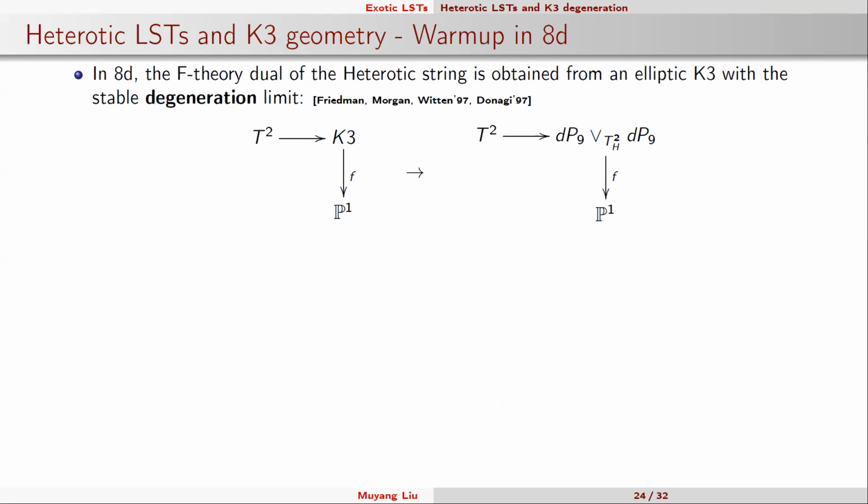And in the later part of the talk, I want to use the knowledge we obtained from the underlying K3s in the Calabi-Yau threefold to produce more novel little string theory families. So just to recall a little bit, thanks to the F-theory heterotic dualities, in 8D we can study the heterotic strings obtained from the stable degeneration limit.